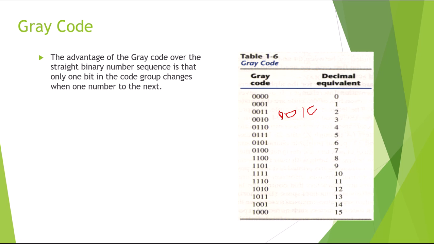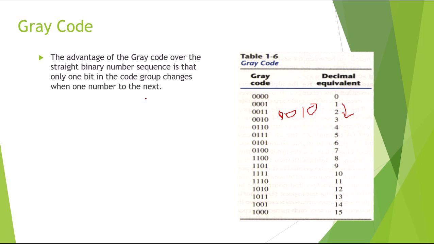Now if you see 1 and 2 here, the double zeros are the same, then we have a 0 which changed to 1, and a 1 that changed to 0. So from 1 to 2 the transition needs 2 bits to change. Similarly, the other numbers were also the same.